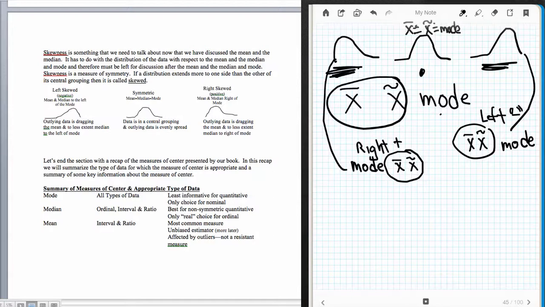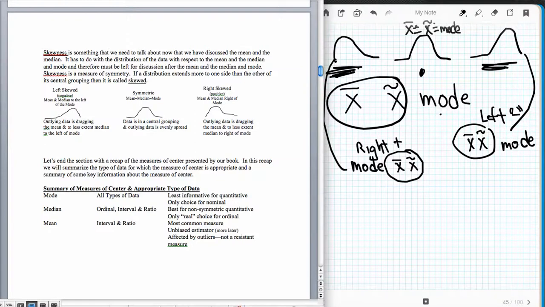It is what we like to talk about in statistics as an unbiased estimator, and its problem is that it's affected by outliers. It's not what we would call a resistant measure, and so because we may sometimes have information that is causing a skew, the median sometimes is better than the mean as a measure, although it will never be unbiased. And so those are our measures of center, and that's where I'm going to wrap up this video.